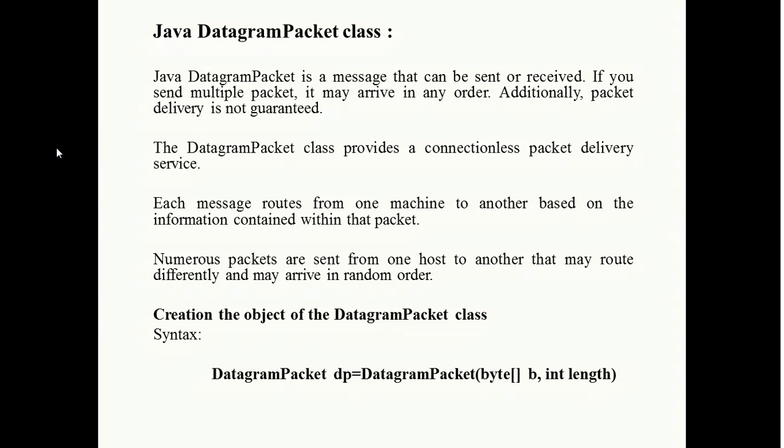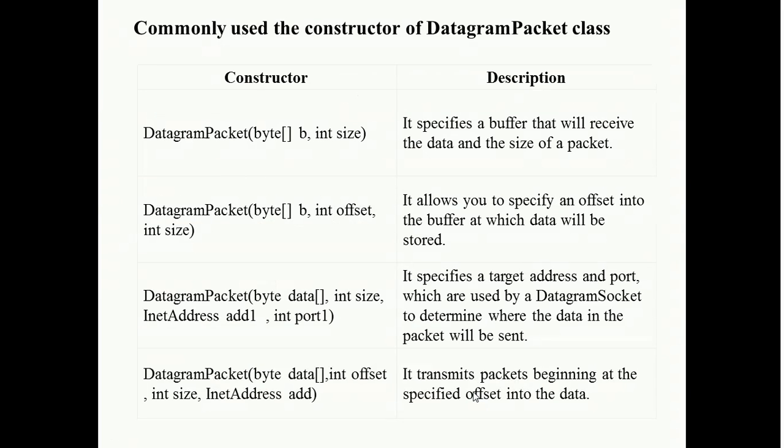See the creation of an object of the DatagramPacket. Syntax is DatagramPacket dp, where dp is an object of the DatagramPacket, with two parameters, byte b and int length. This is the constructor. See some commonly used constructors of the DatagramPacket class.